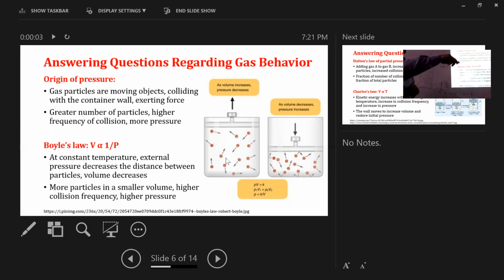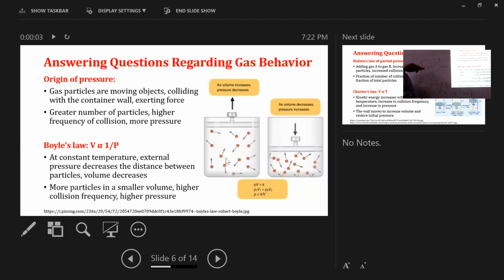As the intermolecular distance decreases, the overall volume of the gas has been reduced quite a lot. Previously it was up to this much, now the volume is that much. So we are increasing the pressure and the volume is decreasing.